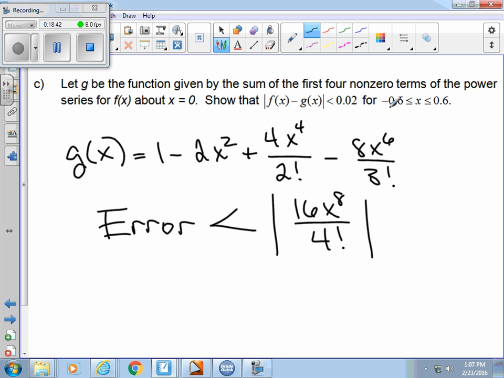So if I'm evaluating at an x between negative 0.6 and 0.6, I'm going to pick the center of that interval and find out how far. So I really want the radius of this interval. Someone tell me, what is the radius of that interval? 0.6. So I'm going to evaluate this at 0.6, and that will give me a safe bound for my error.